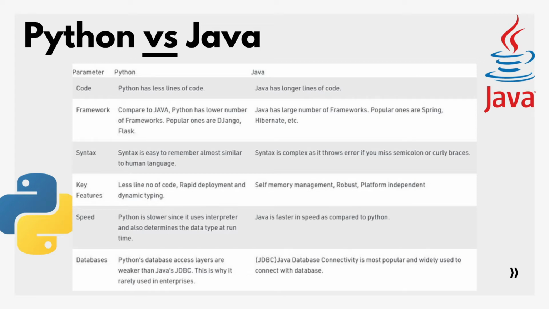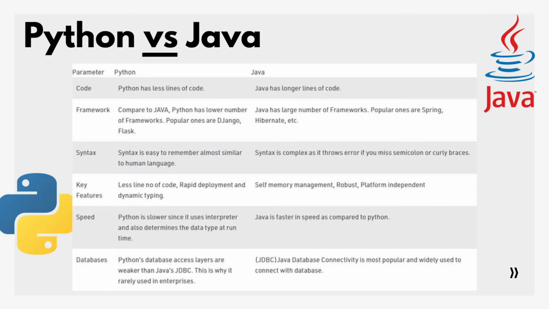Although the speed of Python is slower because of the interpreter, Java is faster. And other than that, you can even use Python for dynamic typing and rapid deployment. Whereas in Java, you need to have a robust memory management system, and it is platform independent.